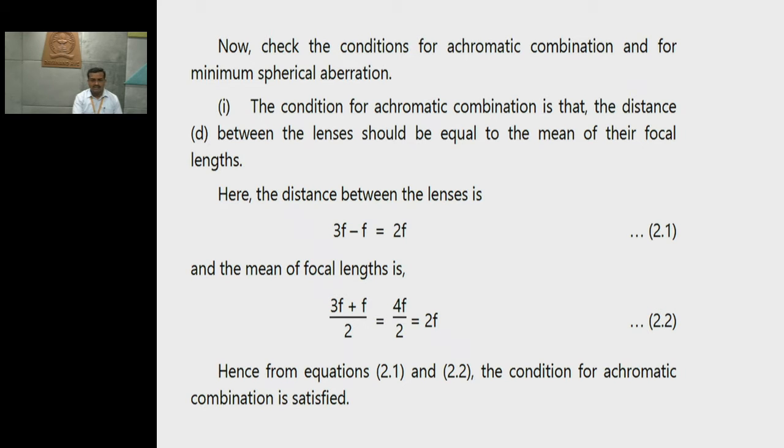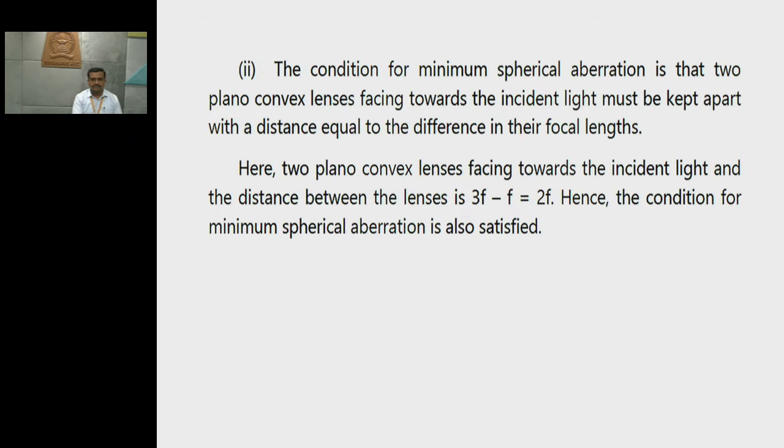Here the distance between the two lenses is 3f minus f, equal to 2f, and for the mean of the focal lengths, one focal length is 3f and another is f. So 3f plus f divided by 2, we get 4f divided by 2, equal to 2f. So here we can say that the distance between the two lenses is equal to the mean of the focal lengths. So the condition for achromatic combination is satisfied.